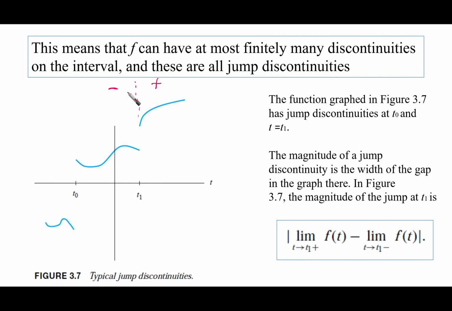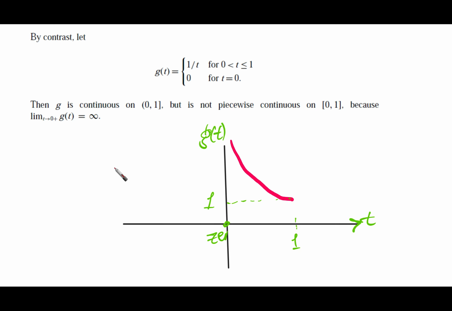Now let's go to another case where our function is not a piecewise continuous function. Let's go to this example. We have g of t equals 1 over t for t larger than 0 and smaller than or equal to 1. So between 0 and 1, but without inclusion of 0, it is 1 over t.